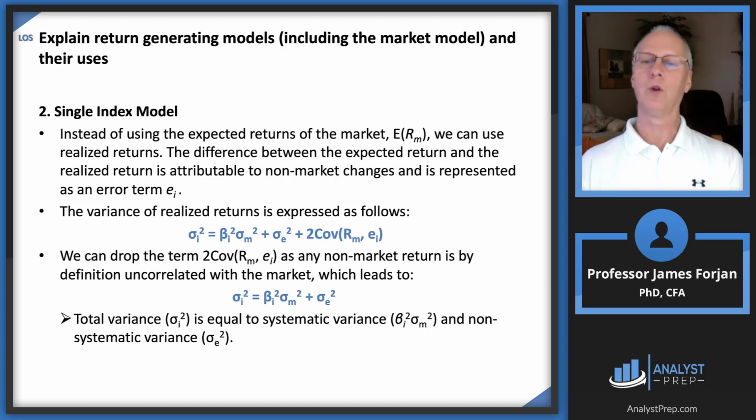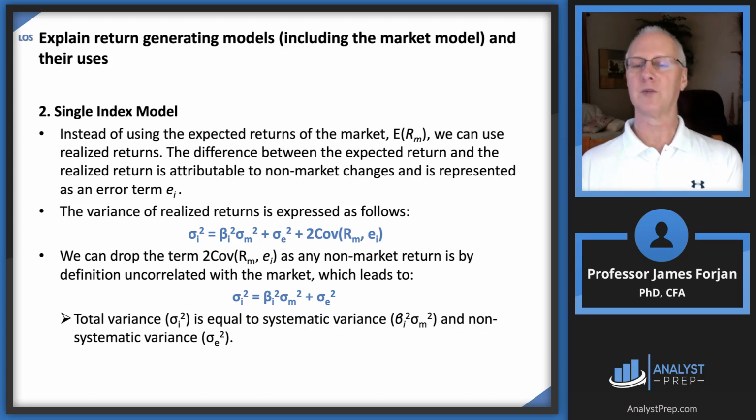Now, what's even cooler about this single index model is that you can compartmentalize it into its systematic component and its non-systematic component. Go ahead and look at the very first blue formula there. The variance of returns, remember that's just the standard deviation squared, can be expressed in the following way.